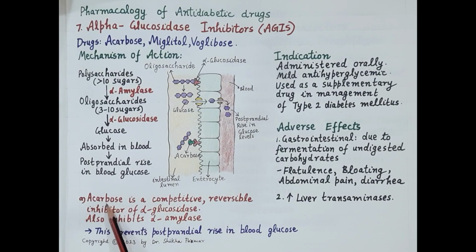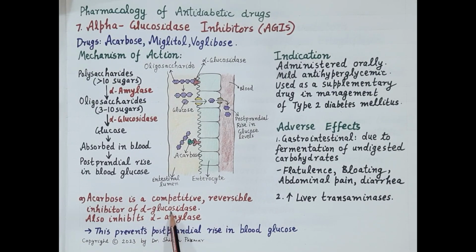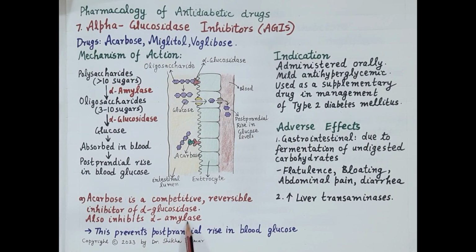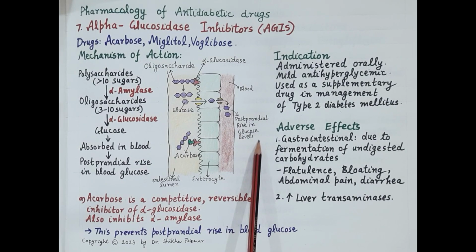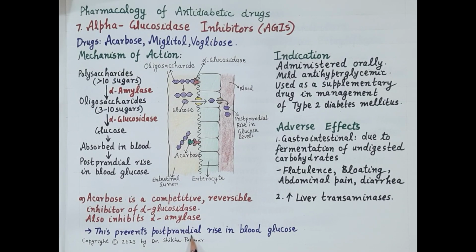Acarbose is a competitive reversible inhibitor of the enzyme alpha glucosidase. It also inhibits the enzyme alpha amylase. Therefore, it prevents the release and absorption of glucose in the blood, thereby preventing a rise in blood glucose levels. So, acarbose prevents the postprandial, that is after consumption of a meal, rise in blood glucose levels.